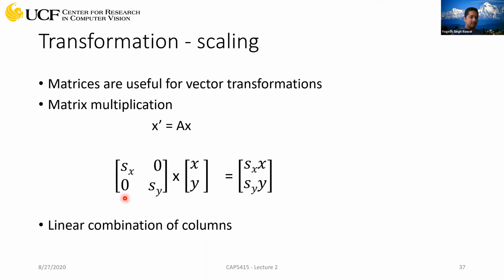The first column is getting multiplied by x, and the second is getting multiplied by y. Since we have zeros on the off-diagonal, all the other values from the columns will be ignored. Each column will only give you that particular value if it matches the index of that diagonal.